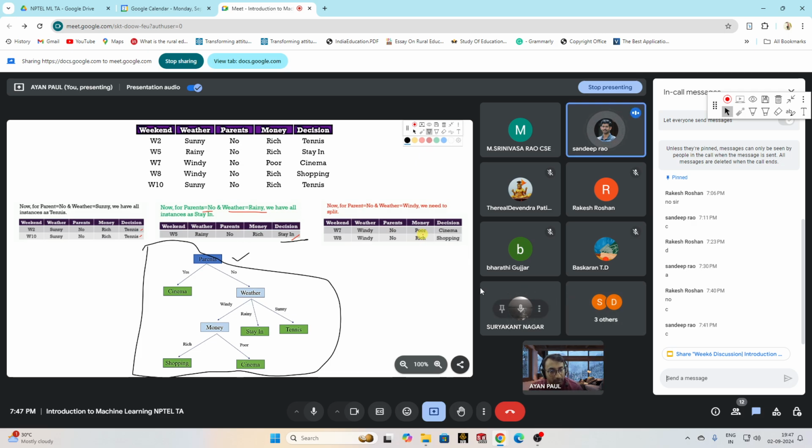Sir, this misclassification error, how can we think about it? The more branches we add, the lesser will be our bias. Lesser bias means less misclassification error.